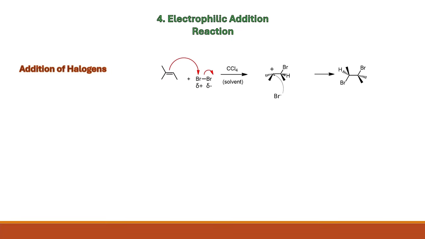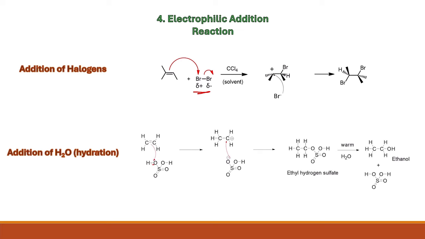Another electrophilic reaction is the addition of bromine. It's the same mechanism, but this time, instead of adding two different atoms, you're adding the same atom. So even if you use an unsymmetric alkene, you're going to end up with the same product where bromine has been added. Addition of water, or hydration, follows the same mechanism for electrophilic addition, like HCl.